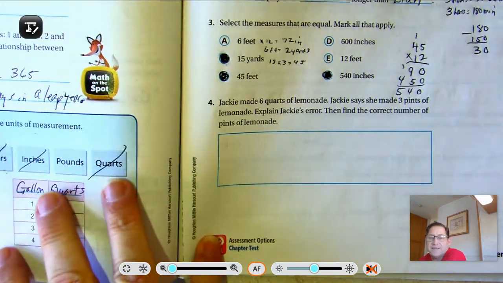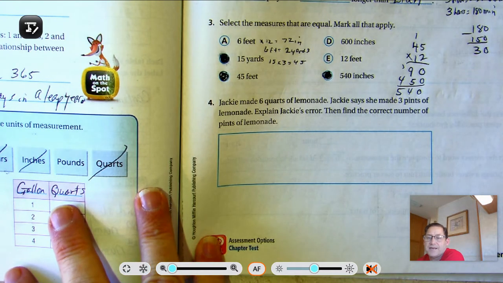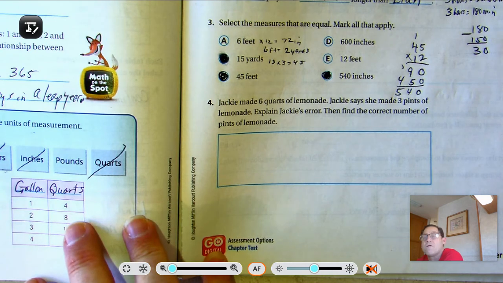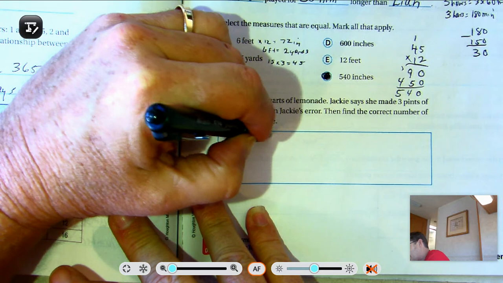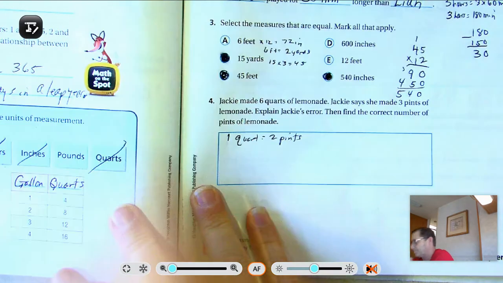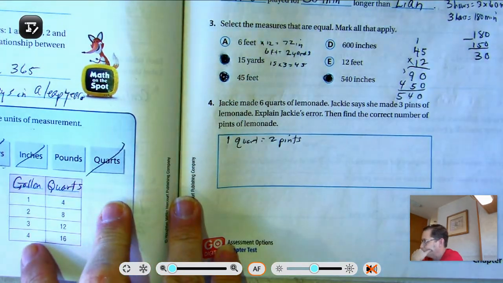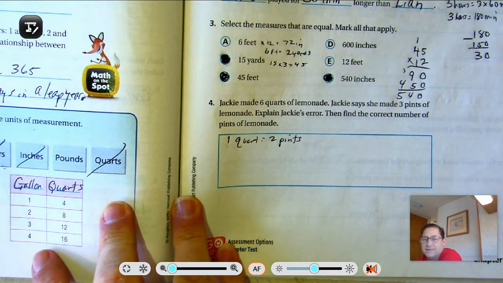Number 4, Jackie made 6 quarts of lemonade. Jackie says she made 3 pints of lemonade. Explain Jackie's error. 1 quart equals 2 pints. Well, it looks like she probably divided.